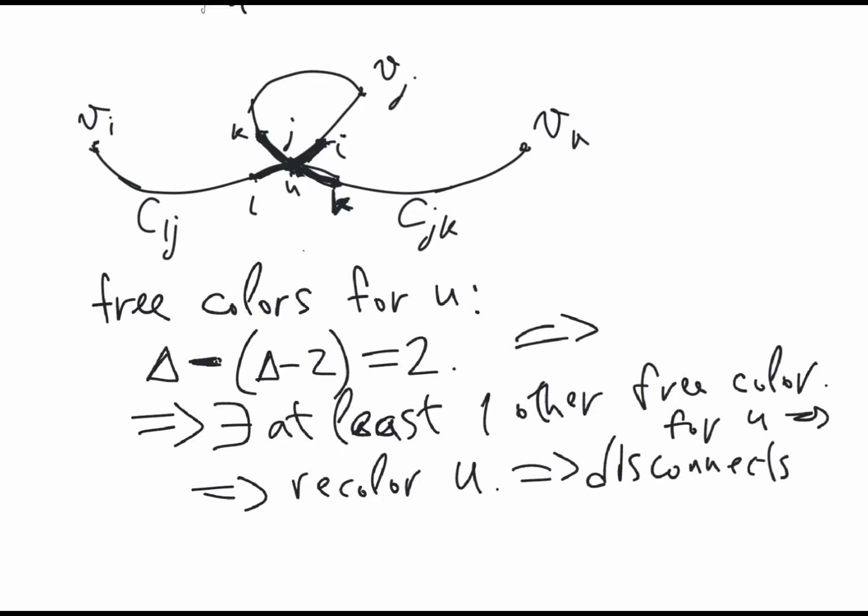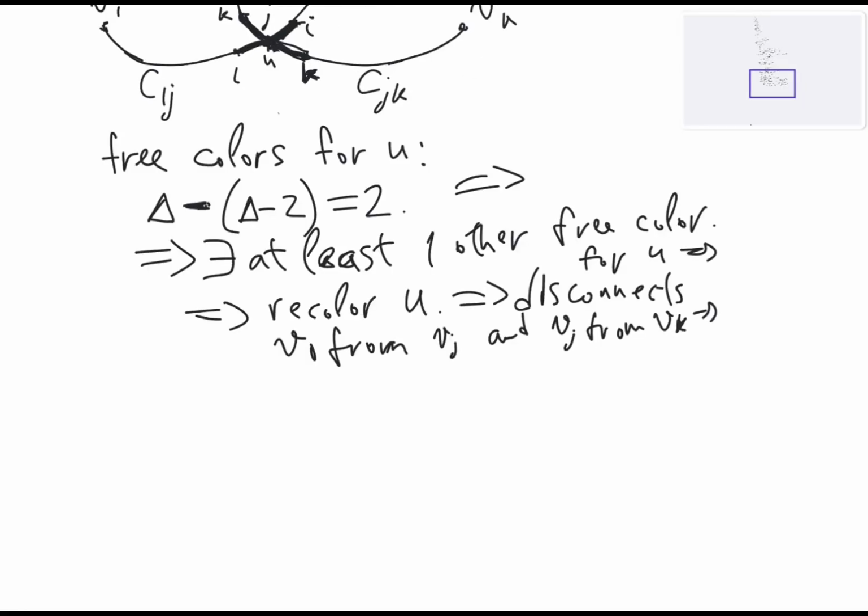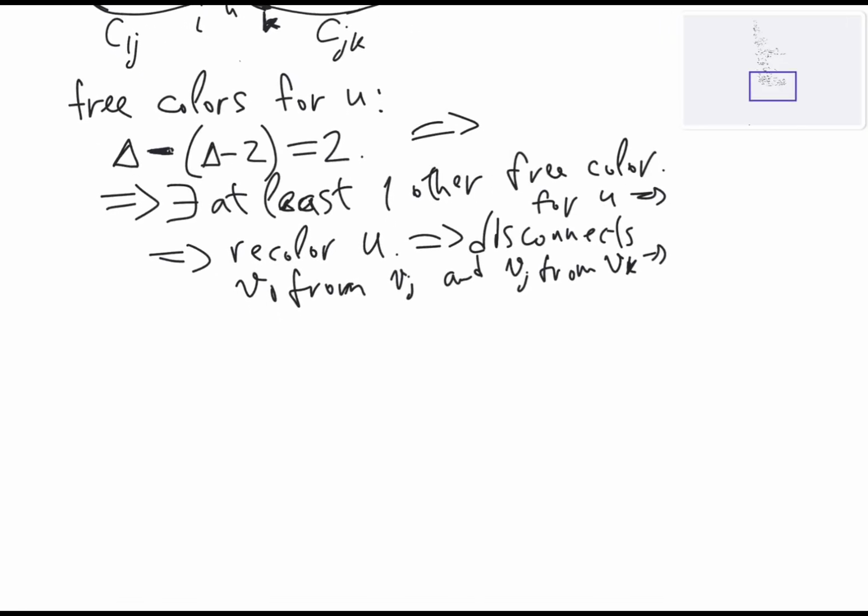So Vi from Vj and Vj from Vk. And this is a contradiction to claim 2 again.